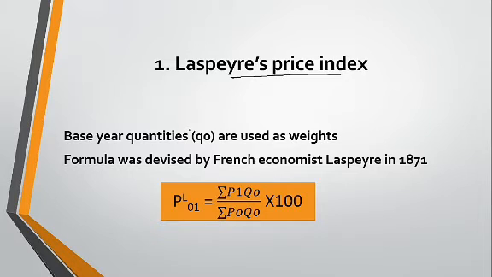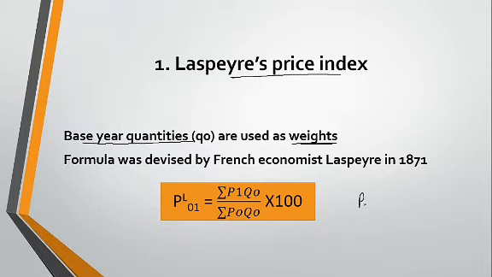When you say Laspeyres price index, in this method we use base year quantity as weight. We use base year quantity, that is, the previous year's quantity, as weights. And this is the formula. What is the formula for price index?